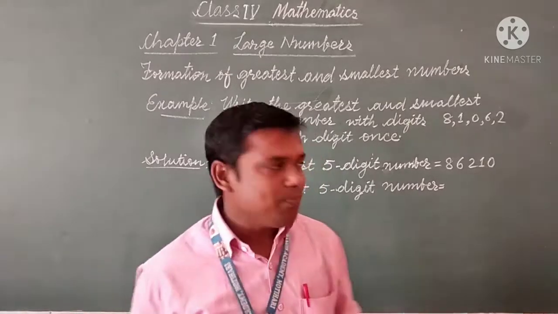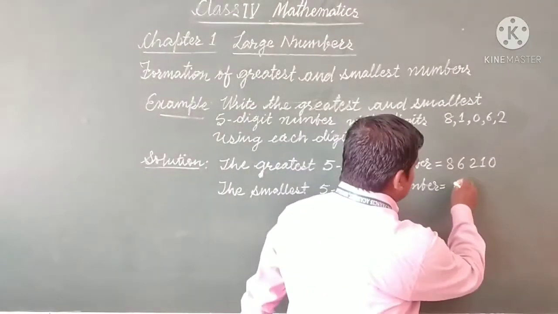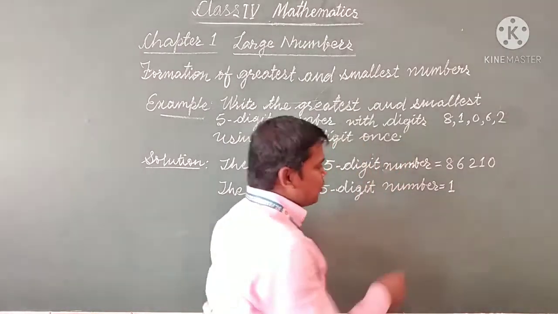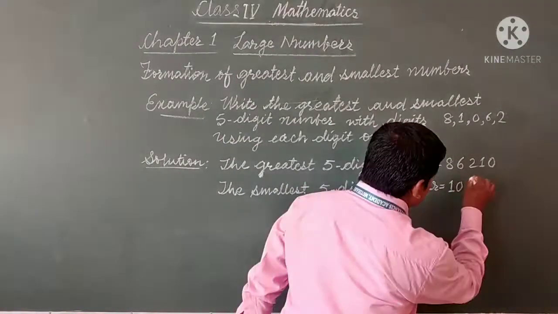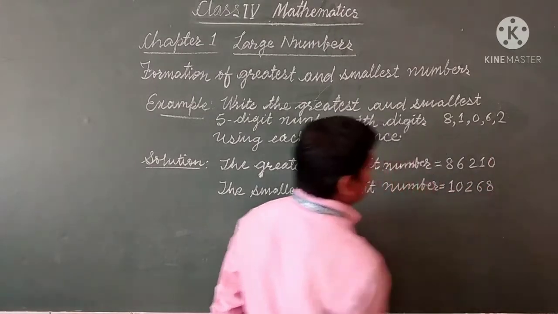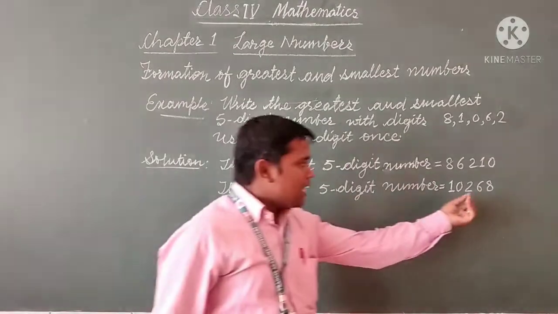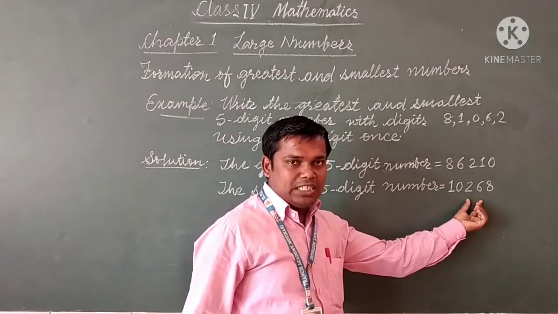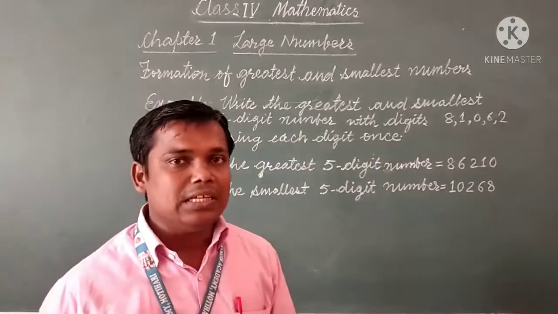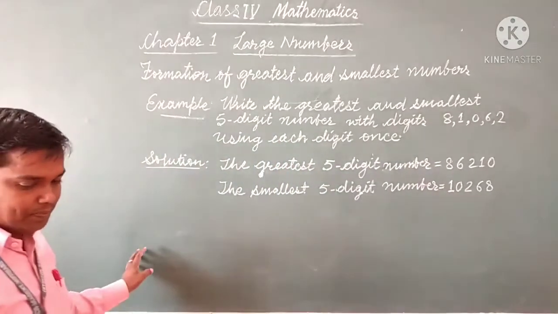You remember this one. So we write 1 at the leftmost place instead of 0, and then we write 0, 2, 6, and 8. So this will be the smallest 5-digit number with the given digits, and this will be the greatest 5-digit number with the given digits.